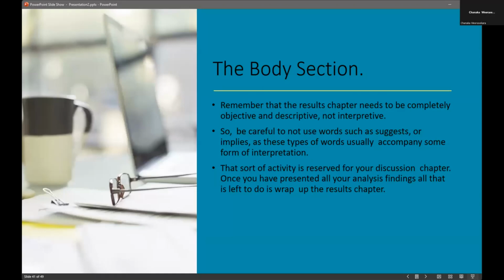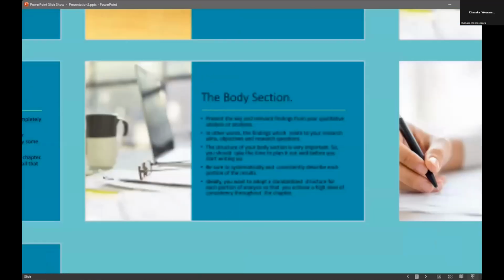These words can be used in the discussion section, where you are supposed to interpret. When you say "the data suggests that" or "it implies that", it gives the idea that you are making a conclusion out of that. Don't do that in the results section, right?